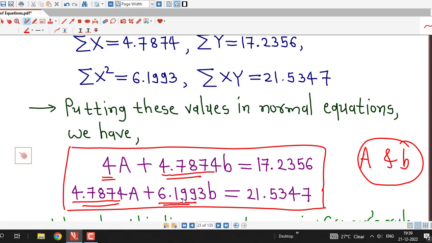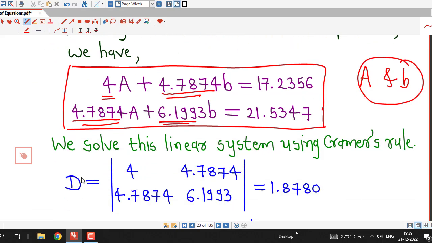So we first find out determinant of these coefficients, that we denote by capital D. First column corresponds to coefficients of capital A, and second column corresponds to coefficients of small b, and this turns out to be 1.8780. We know how to find out this value, 4 into this minus in the bracket this into this.